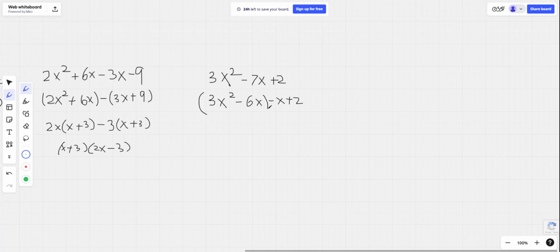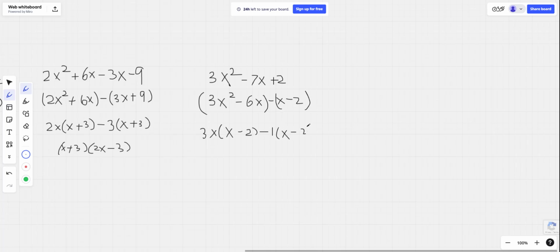So let's bundle these terms up, but if we're going to be watchful of the negative, we're actually going to have to reverse the sign if we bundle up the negative there. Okay, so what goes into 3x squared and negative 6x? That'd be 3x. And you have x minus 2 here, minus, well, again, it doesn't seem like anything goes into both, but 1 goes into both of them. So let's pull out a 1.